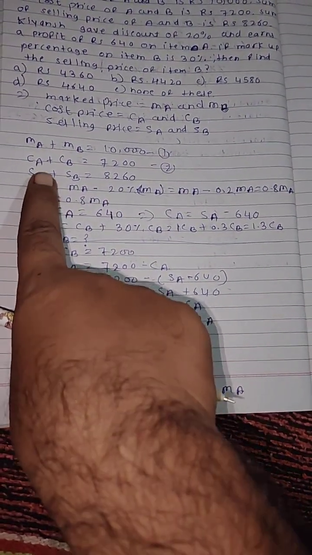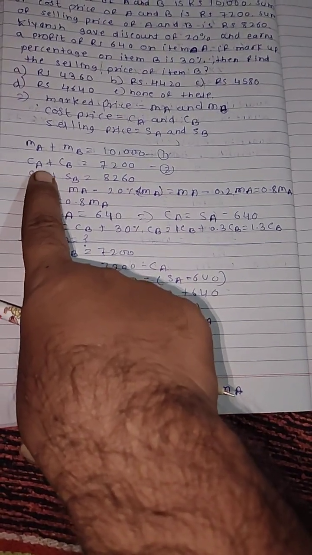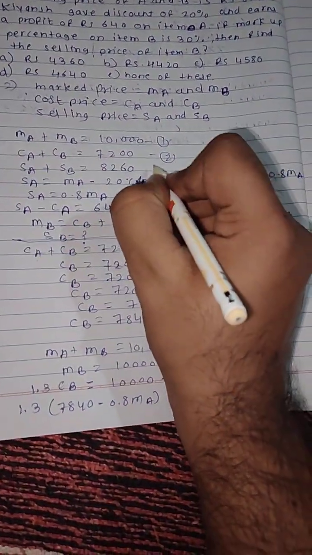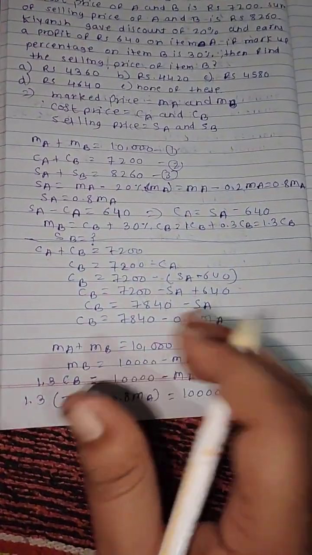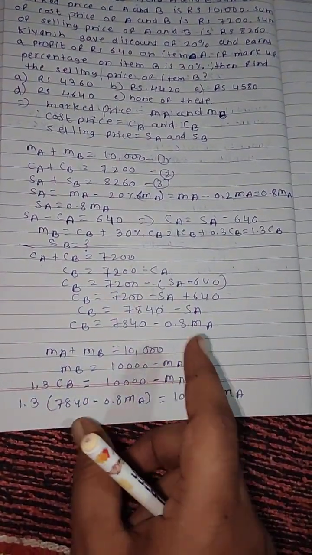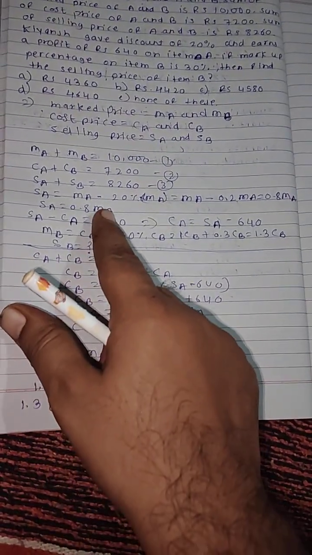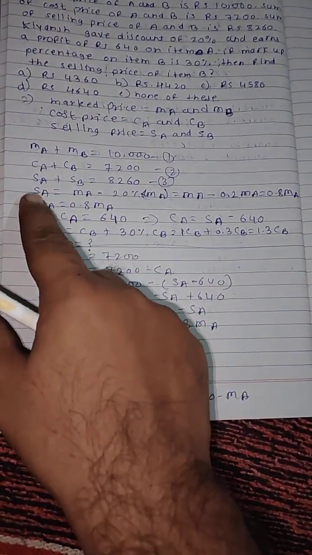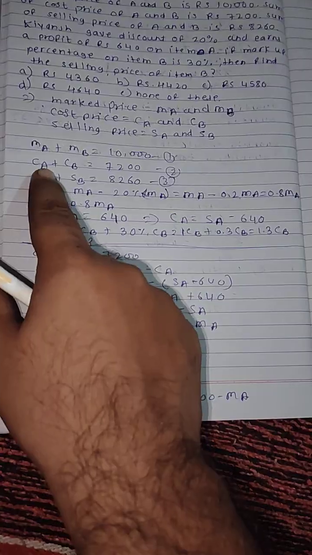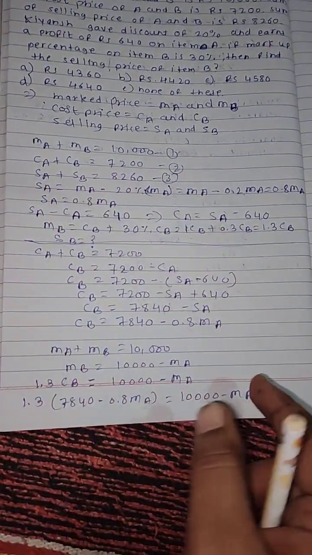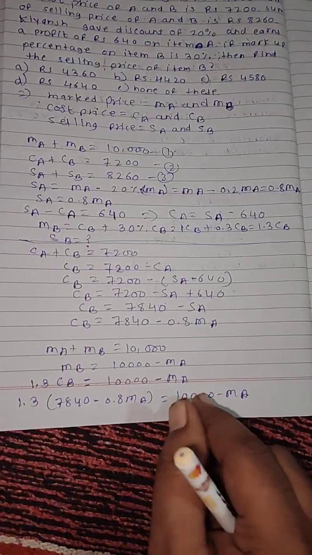If we get SA we can substitute here and easily get the value of SB. I hope you understood what we are doing here. We have made this arrangement to find the value of MA. If we get SA, and substitute in equation 3, we can get the value of SB. So now we are solving this for MA.